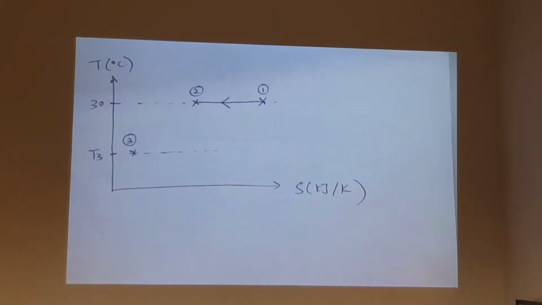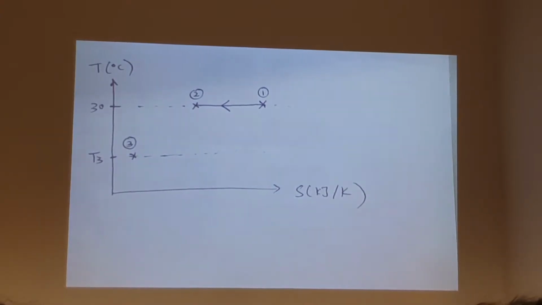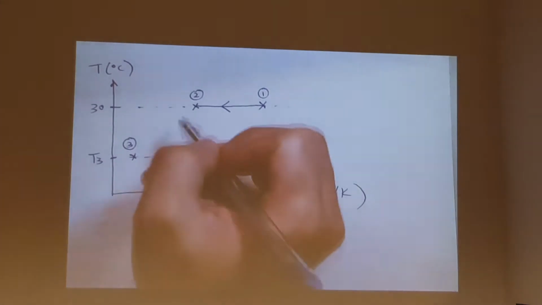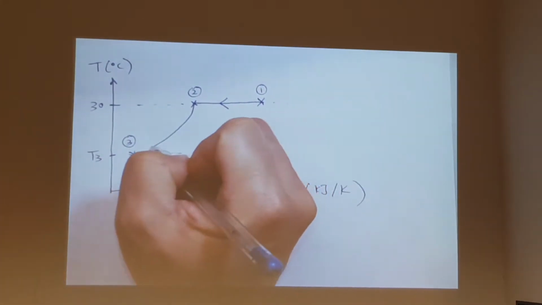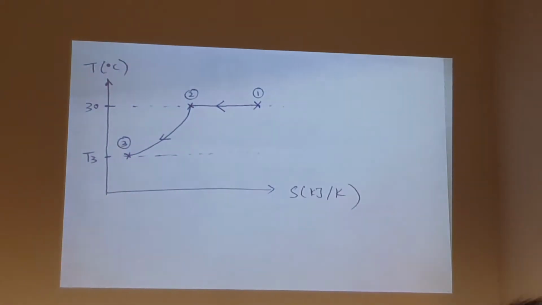And 2 to 3 is the isometric process. It is a curve under the TS diagram. So you join the two up with a curve. And that is your TS diagram.